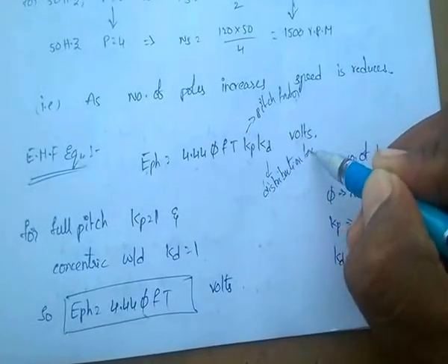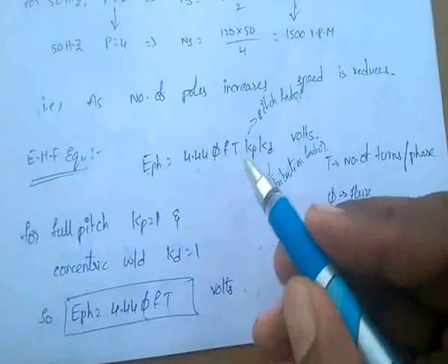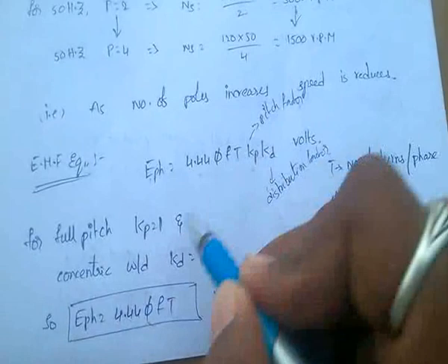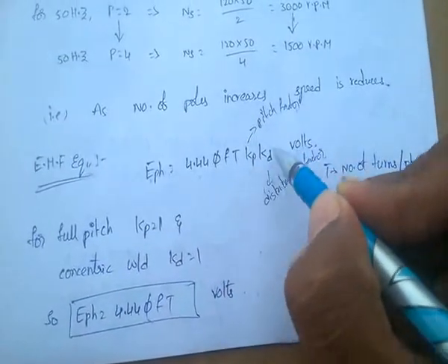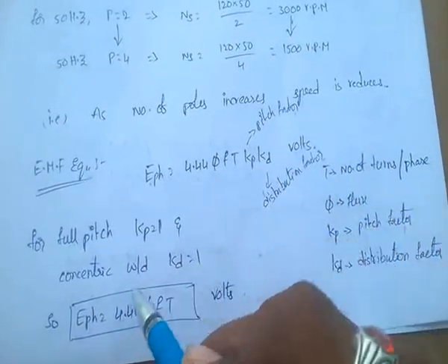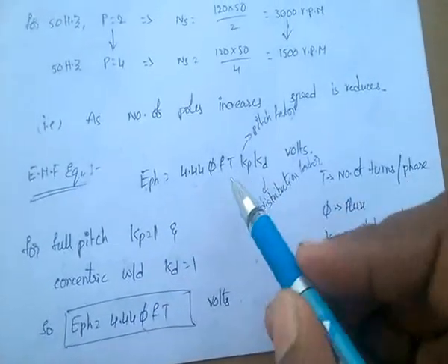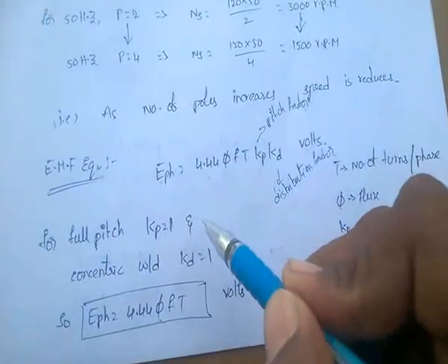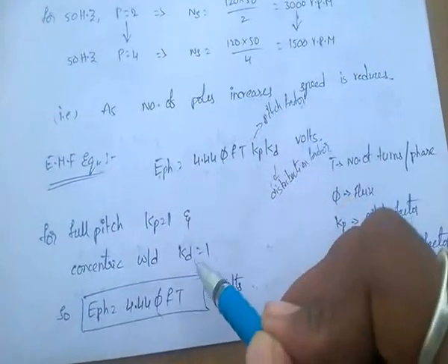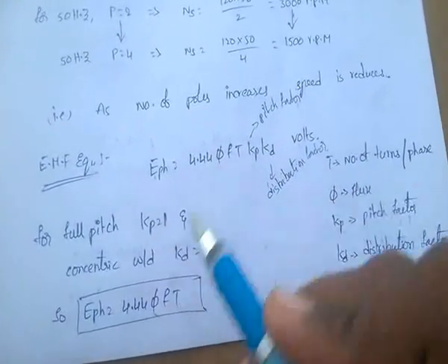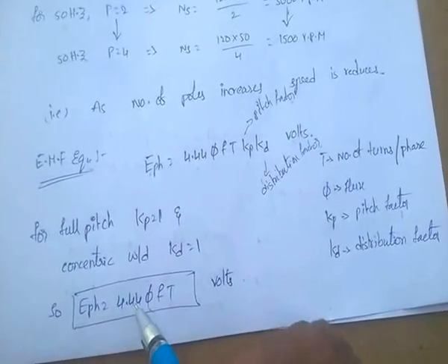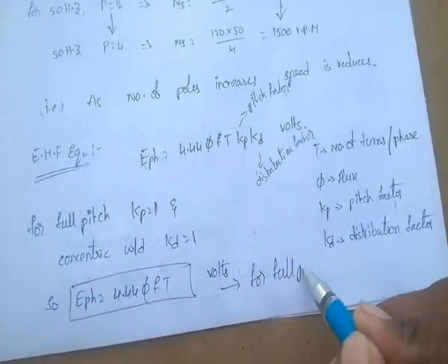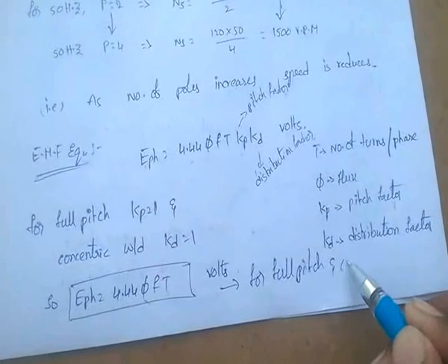For full pitch, Kp equal to 1, and for concentric winding, Kd equal to 1. By applying Kp equal to Kd equal to 1 in this EMF equation, E phase equal to 4.44 phi f T for full pitch and concentric winding.